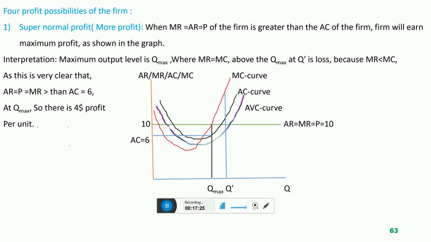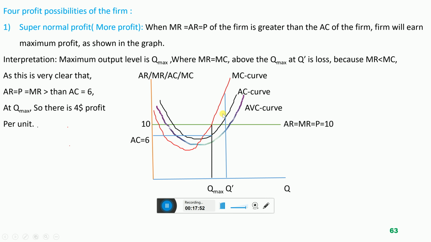Now, how is the maximum, abnormal or supernormal profit? Look, it is very clear that when the company is producing this quantity maximum, 50 units, at this quantity the per unit cost is here. This is the average cost curve, this black U-shaped curve.